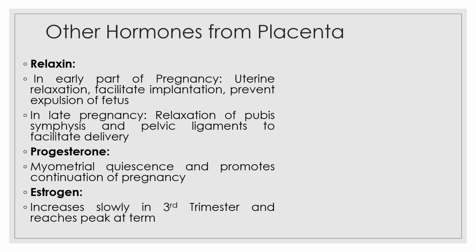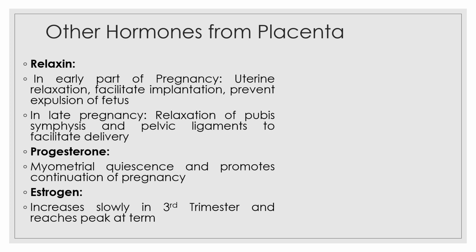Now another hormone from the placenta is relaxin. Relaxin in the early part of pregnancy causes uterine relaxation, so it facilitates implantation and prevents expulsion of the fetus. But in late pregnancy, relaxation of the symphysis pubis and pelvic ligaments will happen, which will facilitate delivery, the expulsion of the fetus.